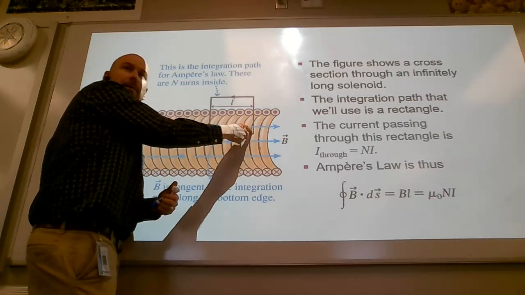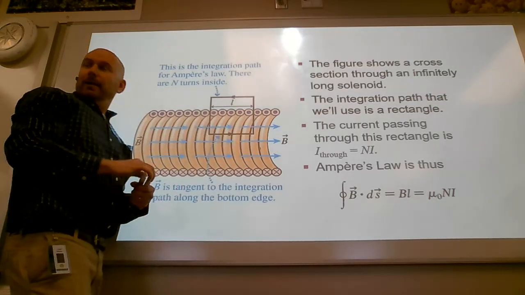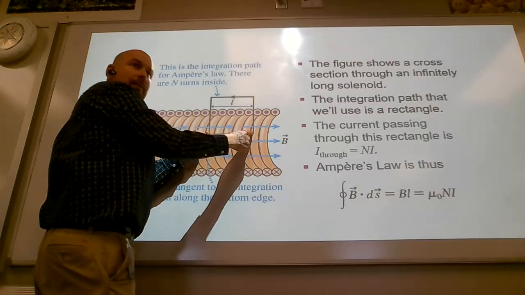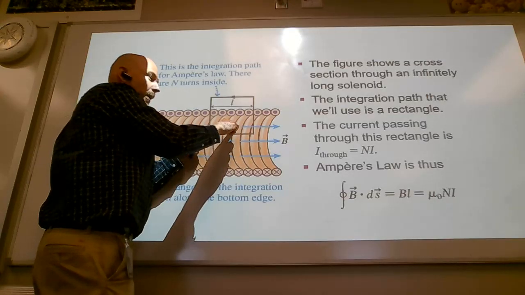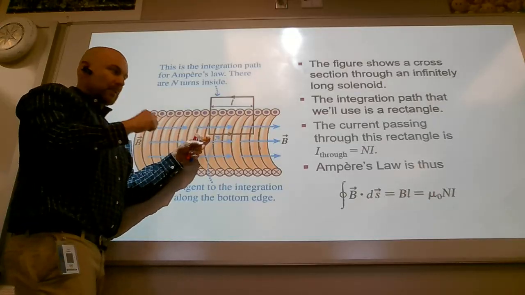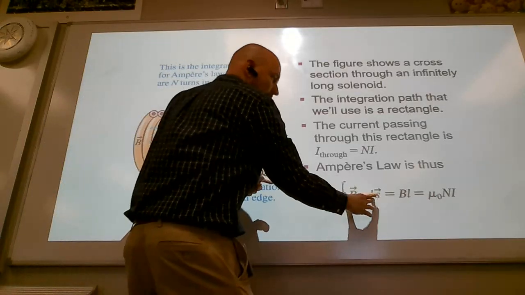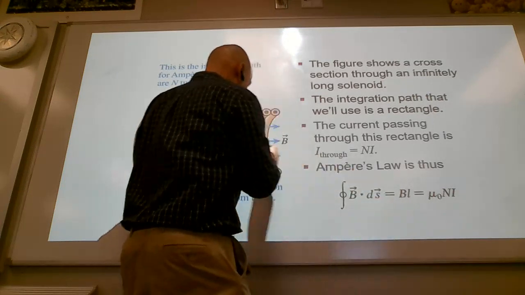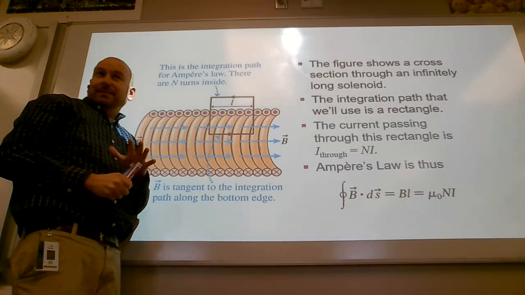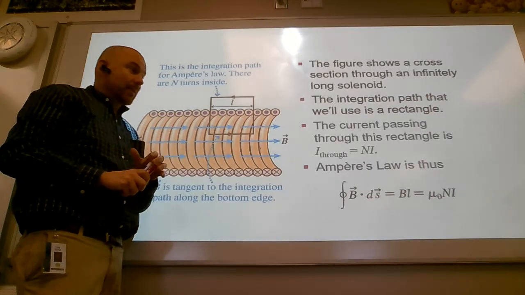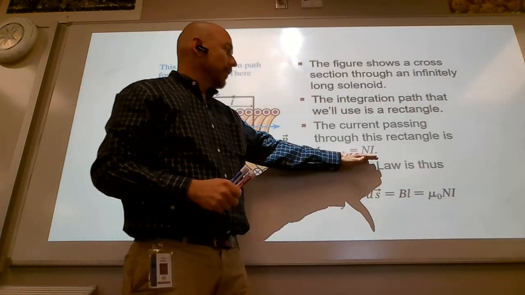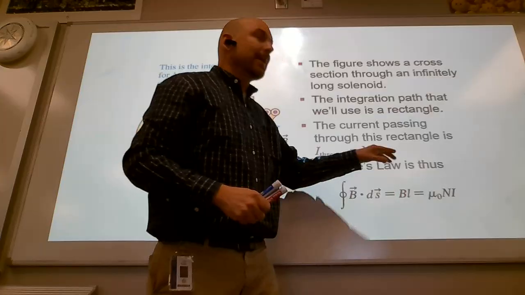Same as this part here. The only part that has any value is this length here, going parallel to the path. So on this side it's just the magnetic field times this length. How are we doing with that? And the current enclosed is just N times that.